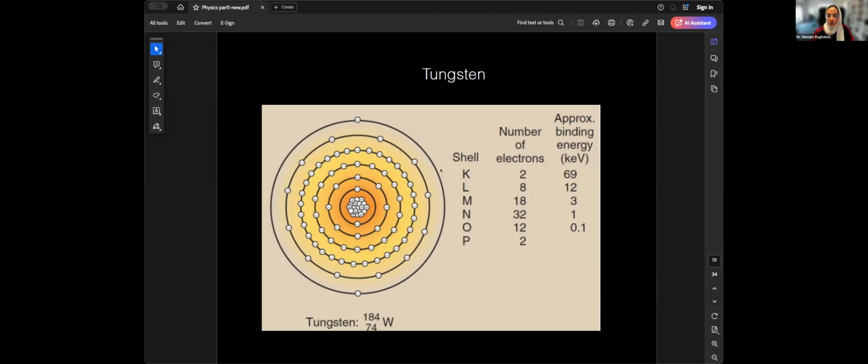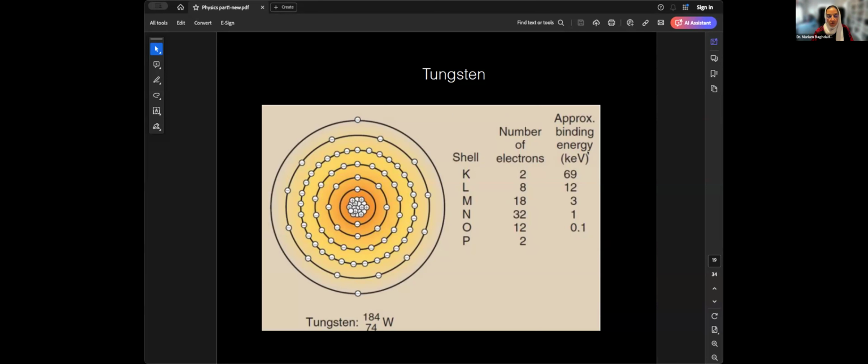As we go outwards, the electron binding energy decreases. Anything further away from the nucleus is held less tightly than the inner shells. And this is going to be important in the production of radiation.